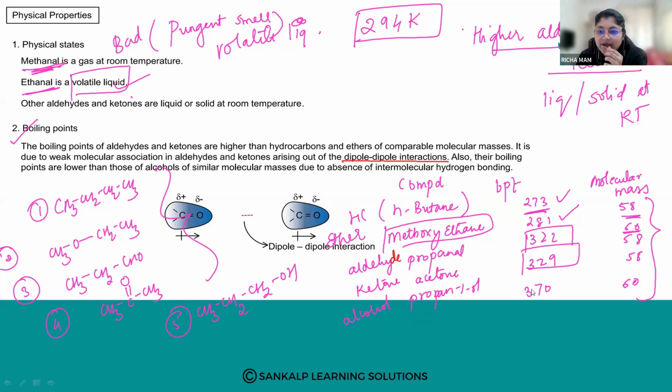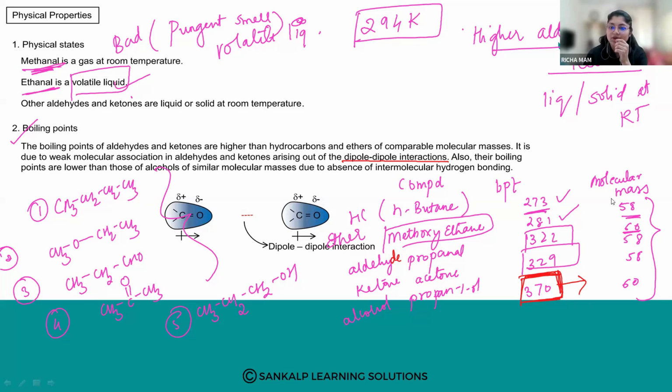However, in the case of alcohol, the boiling point is higher. Why? Because in alcohol, strong intermolecular hydrogen bonding is seen. So the boiling points of aldehydes and ketones are slightly lower as compared to alcohols, because alcohols have intermolecular hydrogen bonding.